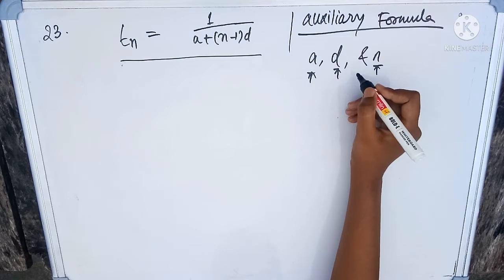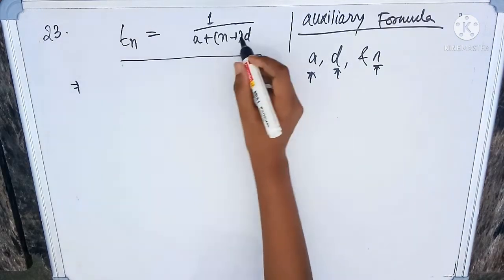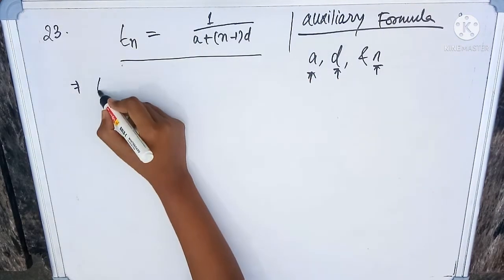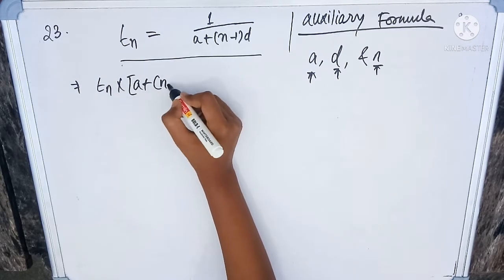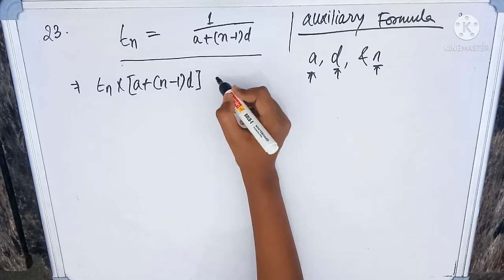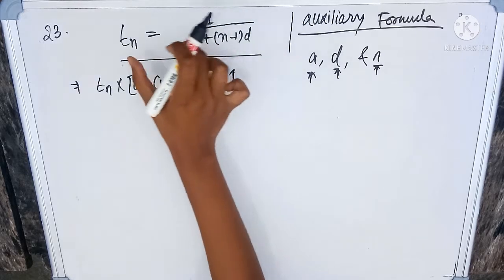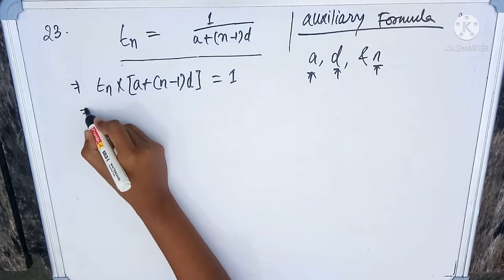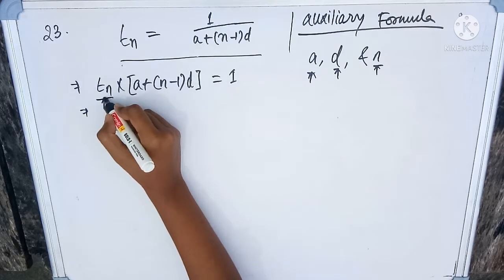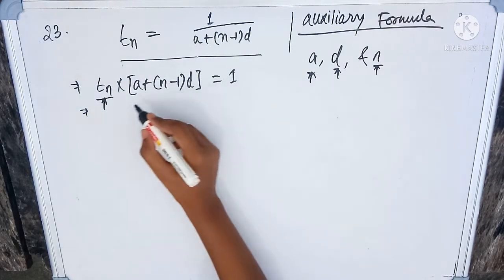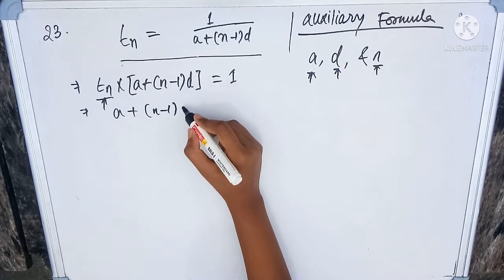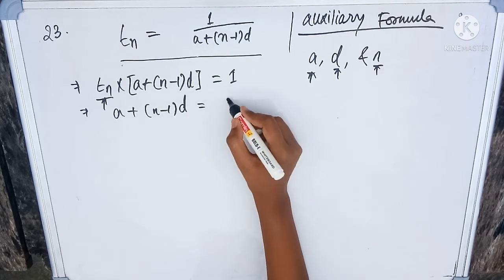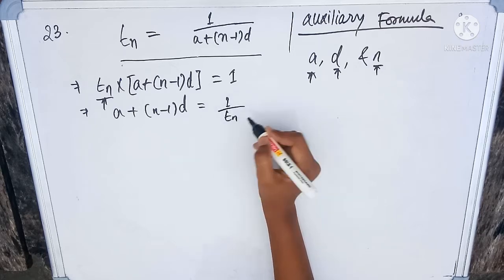So if you put d as the subject, then you know that here d is in the denominator. You can write it as t of n multiplied by a plus n minus 1 multiplied by d is equal to 1. This whole thing we will transfer to the other side, and in the next step we will transfer this t of n to the right side. It will be a plus n minus 1 multiplied by d is equal to 1 divided by t of n.